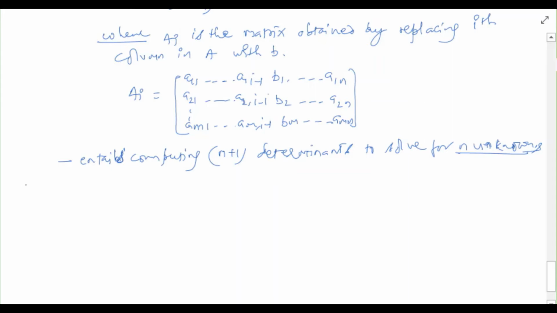However, I'll start with defining what is meant by pivot entries of a matrix. For an M cross N matrix, the leading non-zero entry of any row is called a pivot.